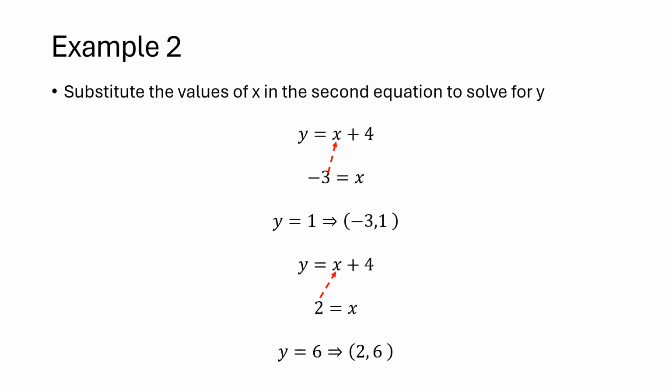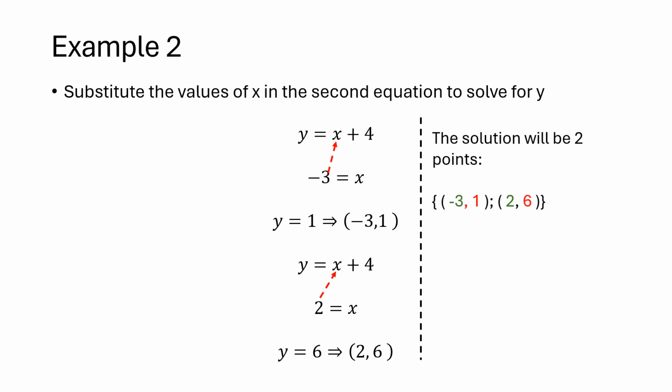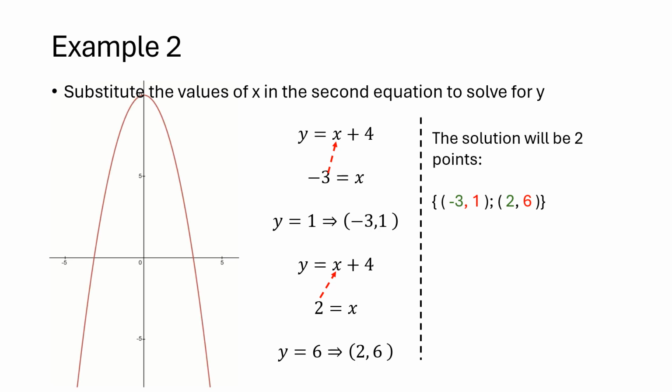And this one is my second point. Therefore, the 2 points are as such. We're going to see the graph. So this is my parabola, and this is my straight line, and these are my 2 points.